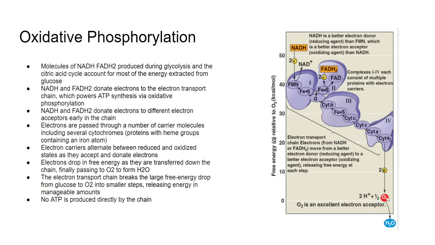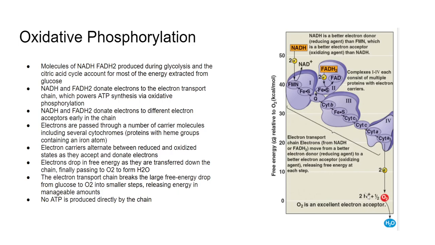So oxygen is the end of this chain of redox reactions, of transferring electrons over and over again. Eventually, we will have our final electron acceptor. We have 2H plus plus 1/2 O2. It's going to want those two electrons to give us H2O.